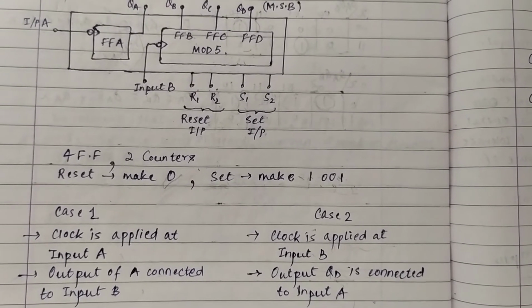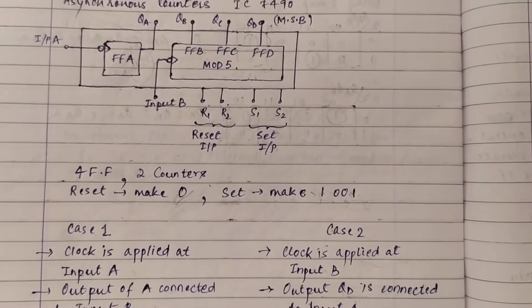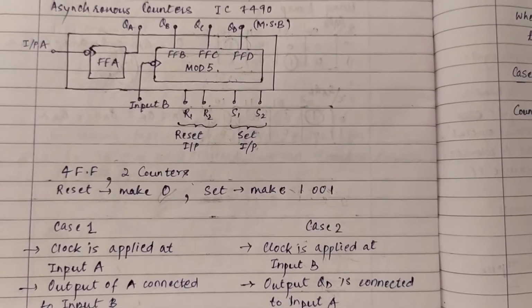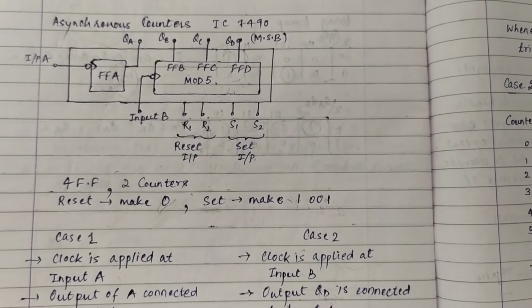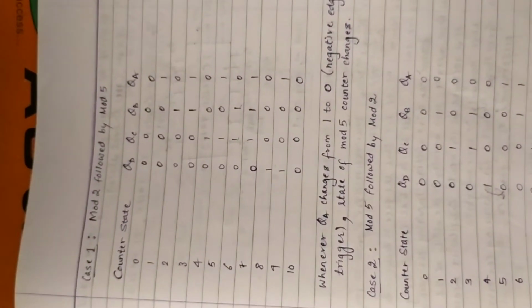So the clock is applied at input A, and the output of A is connected to input B. Similarly, in case 2, it will be the reverse. Here the clock will be applied to the mod 5 counter first and its output will act as the clock input for the mod 2 counter.